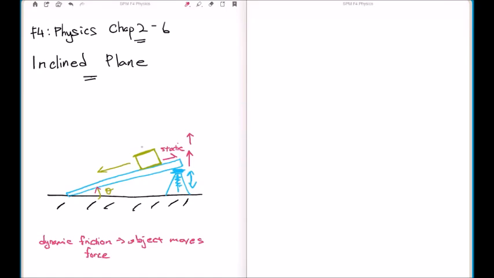The one that will help this object stay in equilibrium before it starts to move is called the static frictional force.